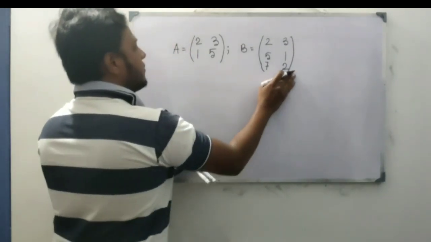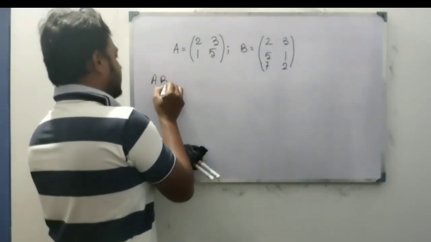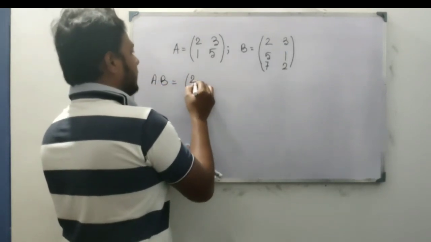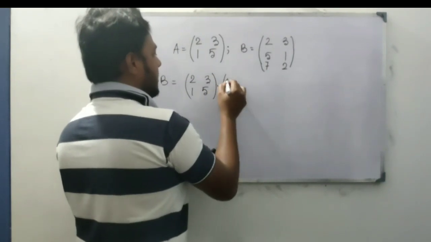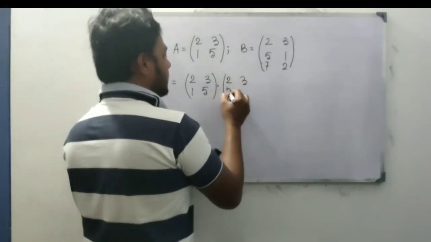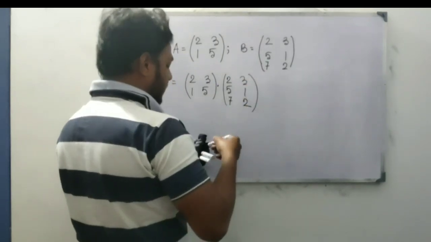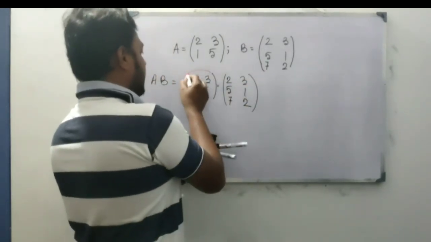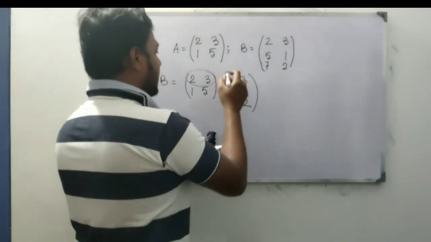Now try to simplify AB. Then A dot B equals, you will face a problem, A dot 2 3 5 1 7 2. If you consider the first row of this matrix, then we have to do the inner product with the first column.